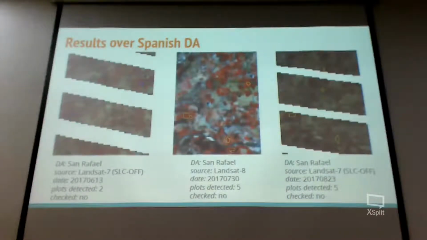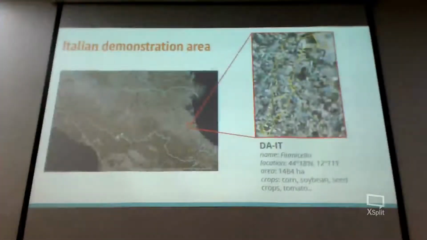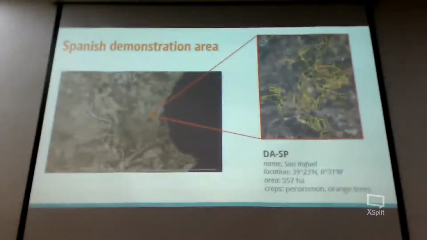And of course, we hadn't the possibility to check in the field here in Spain, but we used a shape file that Guillermo provided us, where we have a check of the irrigation, because we have a schedule for these plots.